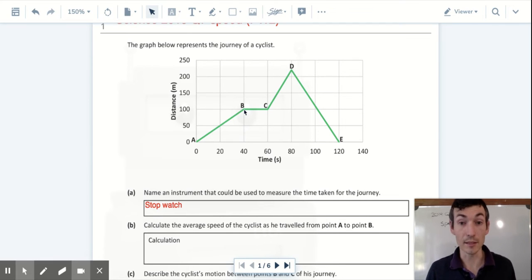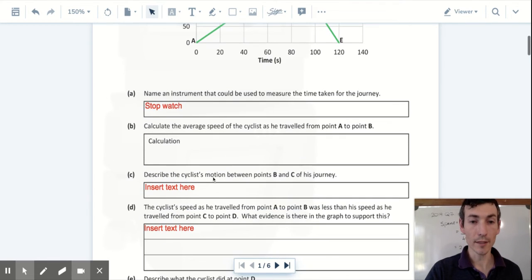Maybe the cyclist stopped to get a drink or tie a shoelace, but whatever the cyclist did, he is not moving. As time is going on, the cyclist isn't getting any further away from where he started or any closer. So describe the cyclist's motion: it stopped.